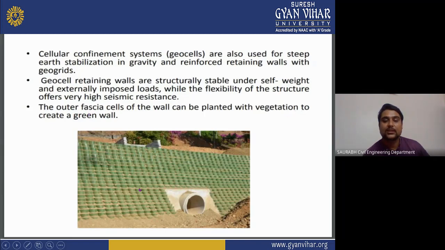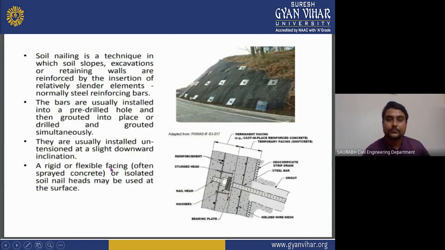As you can see here, there is a green wall. There is also a green wall, and you can also plant some trees and some vegetables which will help the soil, which will prevent the erosion of the soil due to the rain. Come to the next slide.